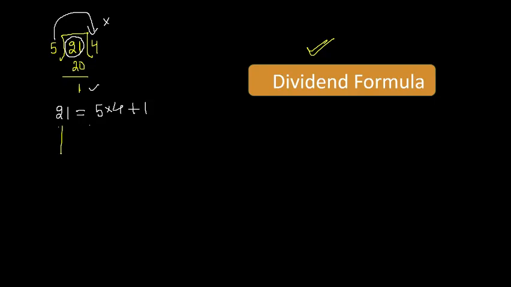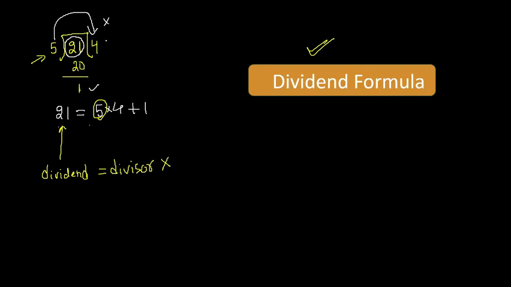Now the number which we divide here is called the dividend. And the one by which we divide, this one, is called the divisor.